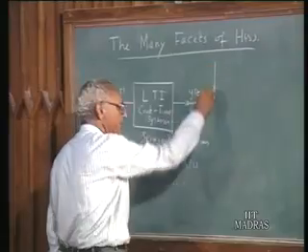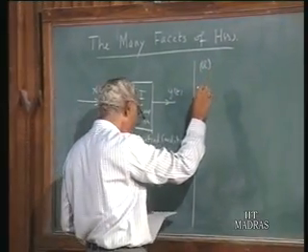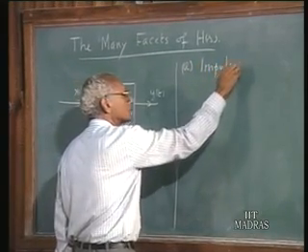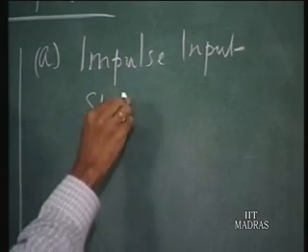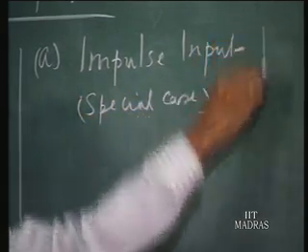Now let us look at the various aspects. A. Suppose we have an impulse input. A special case, not a general x(t), but let us say we have an impulse input.